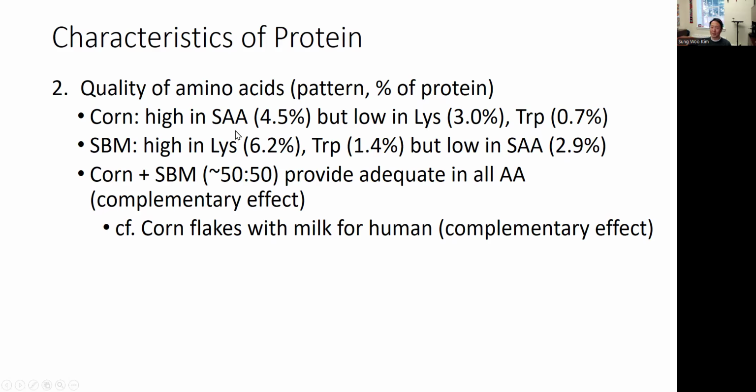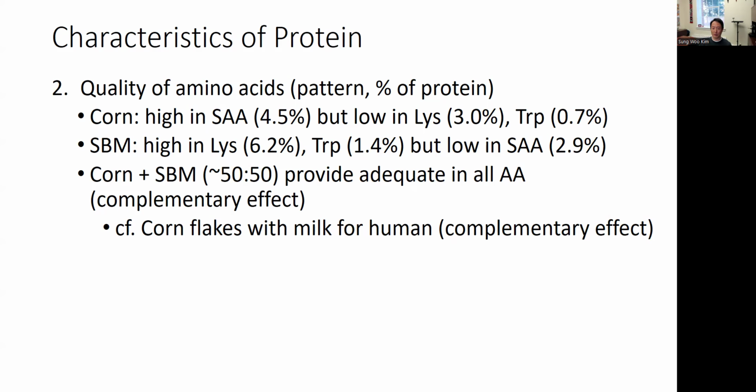In fact, by looking at the differences among amino acid composition, high SAA in corn, high lysine and tryptophan in soybean meal.